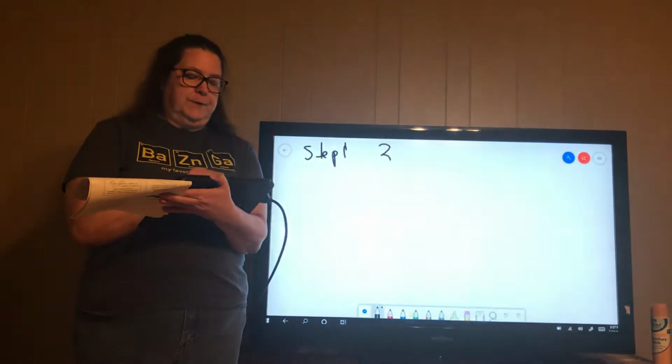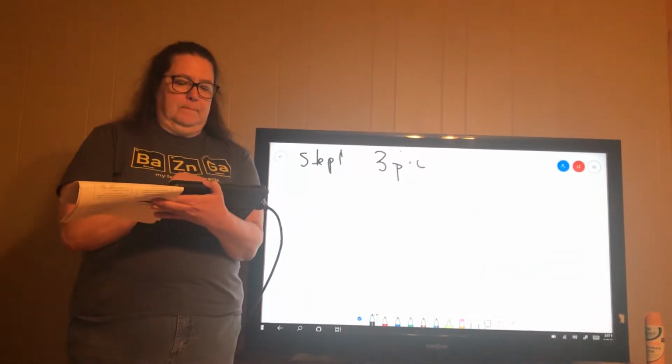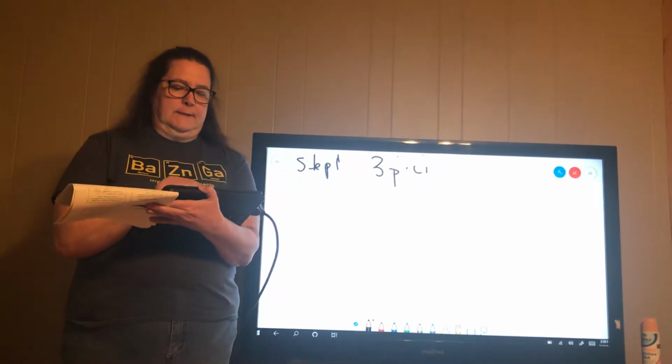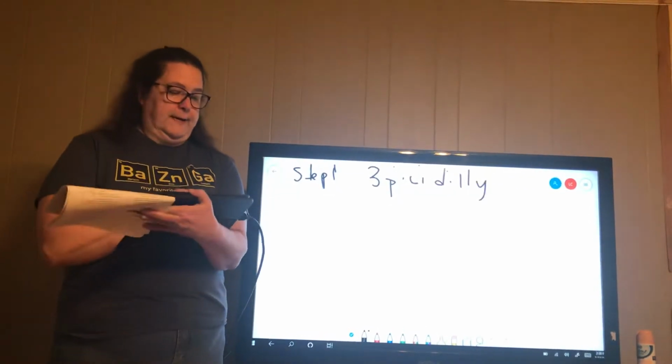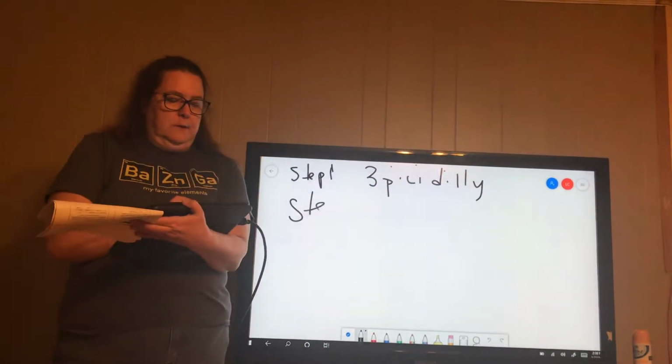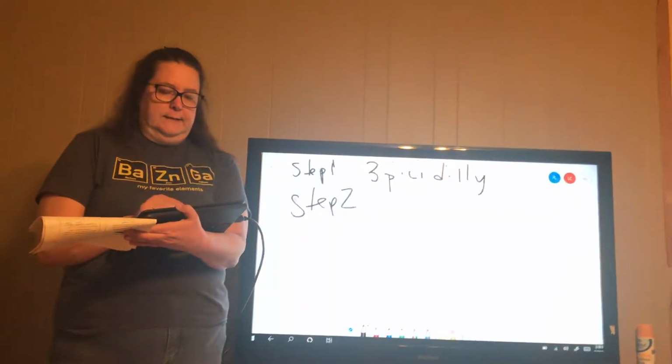So we're starting with 3, and I know I'm not spelling it right, 3 Piccadillys, whatever that is. And then step 2, what we want to end up with is dingbats.